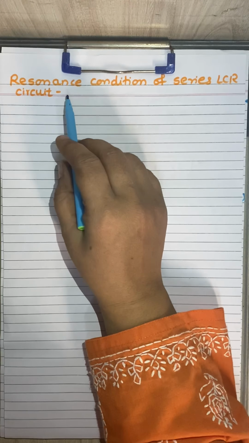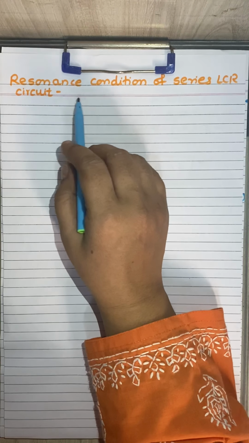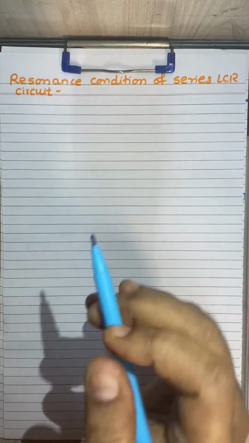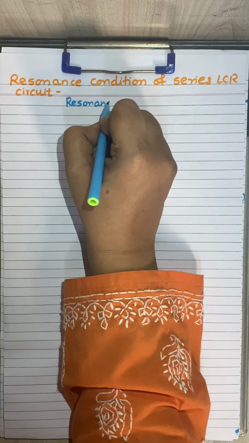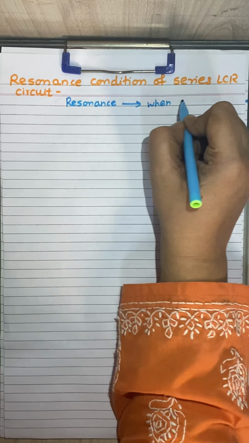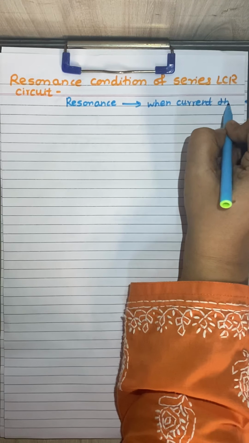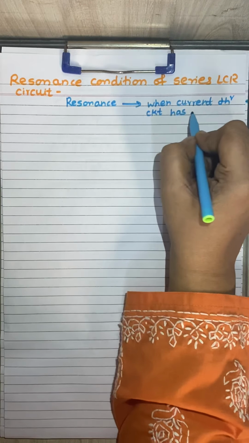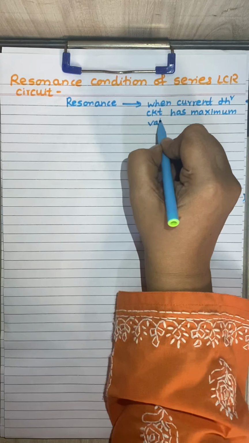A series LCR circuit is said to be in the resonating circuit or resonance condition when the current through it has its maximum value. So the condition for resonance is that the current through the circuit has maximum value, and this we are considering for the series LCR circuit.